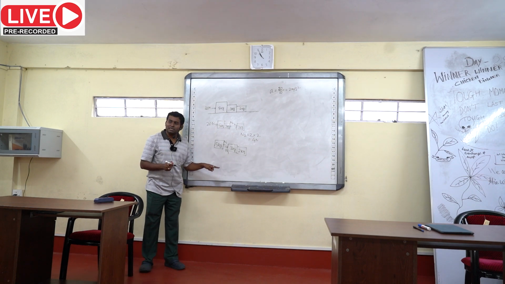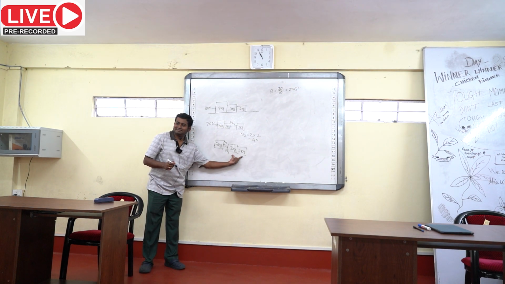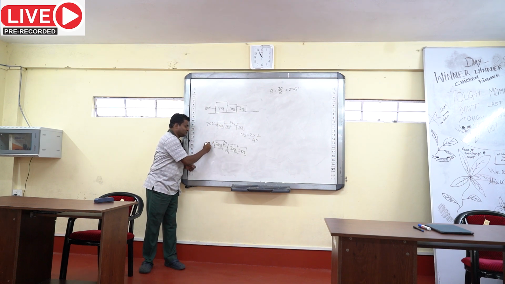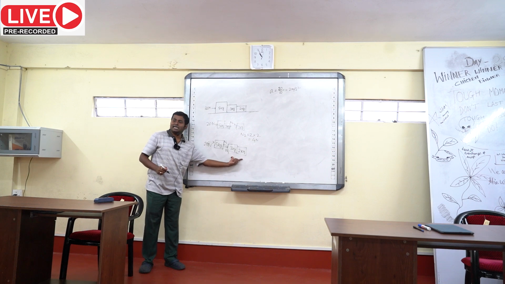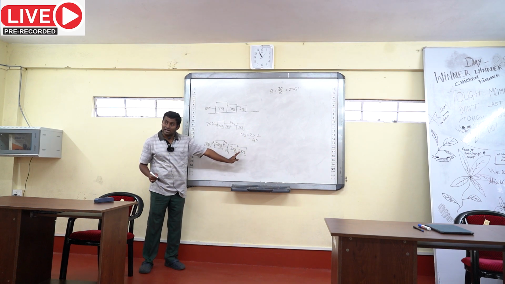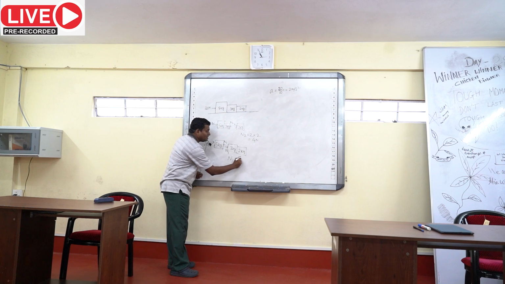On which mass is N1 acting alone? Because on this mass there is 20 Newton also. So, N1 is acting alone on the 3 kg and 2 kg total. What is the total mass of this part? 5. So, N1 should be equal to 5 into acceleration.